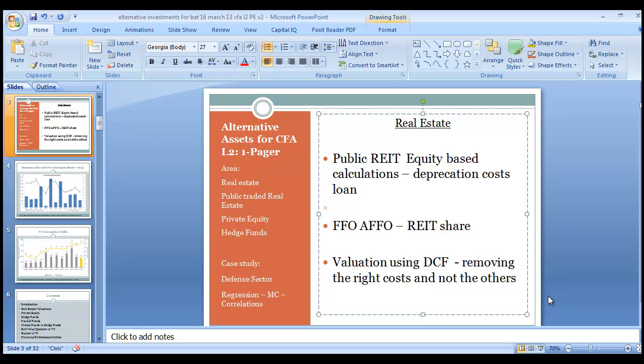Now, recurring maintenance-type capital expenses and leasing commissions, I don't know why they should be subtracted when they are recurring, but yes, they are subtracted to get the adjusted FFO. The straight line rent refers not to the cash rent paid during the lease, but rather to the average contractual rent. So this is something that is given here.